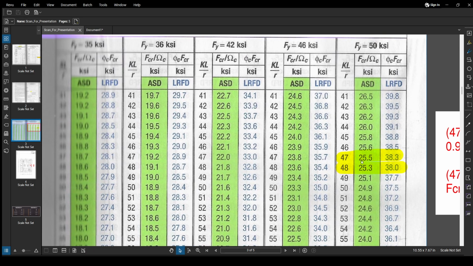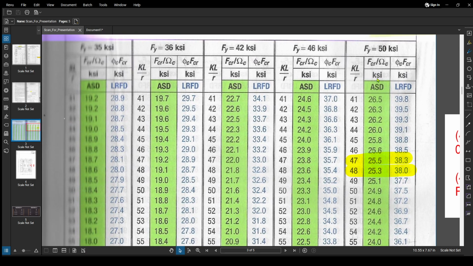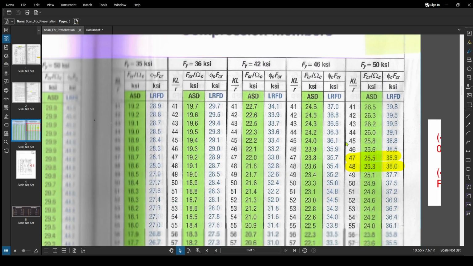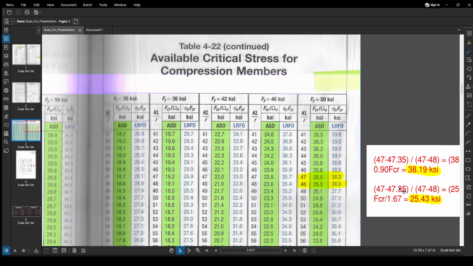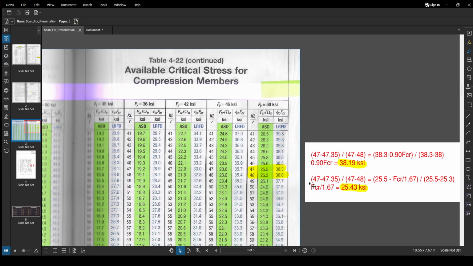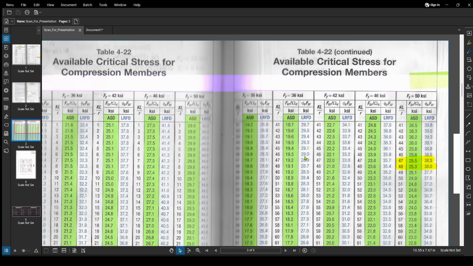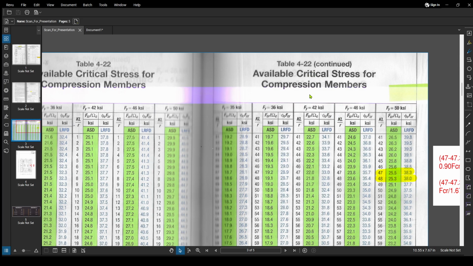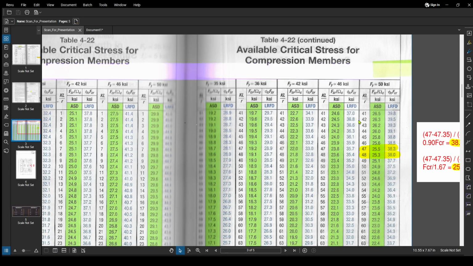We need to interpolate this value for Fcr over omega and the LRFD value. I have calculated these values by interpolation: we have 38.19 for LRFD and 25.43 for ASD. So that is the table 4-22 result.